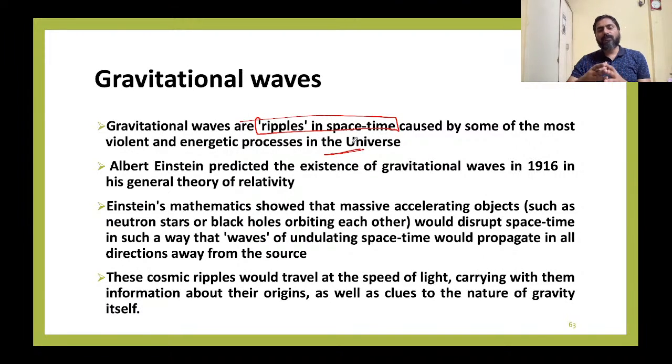This prediction was given by Einstein himself way back in 1916, but it was experimentally proven for the first time in 2015. You would remember that in 2015 the LIGO detector detected the gravitational waves, and they even received the Nobel Prize also. So gravitational waves are very important.